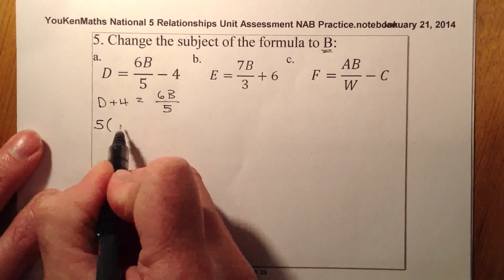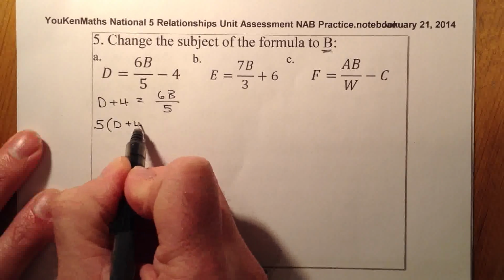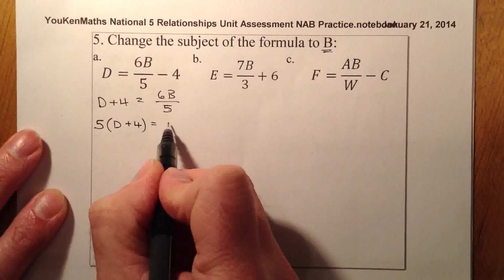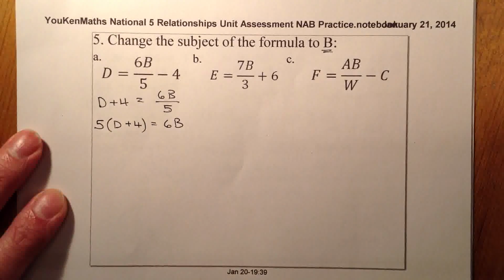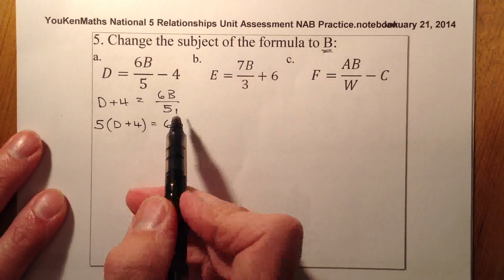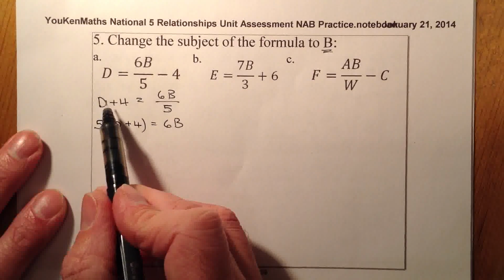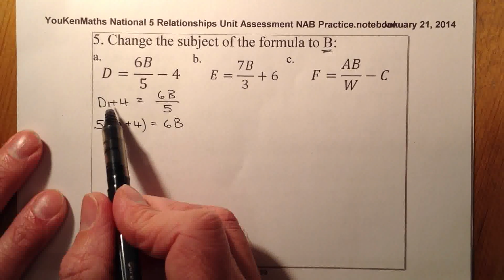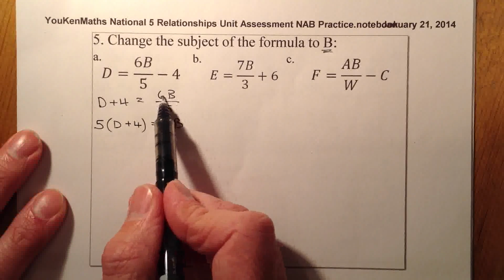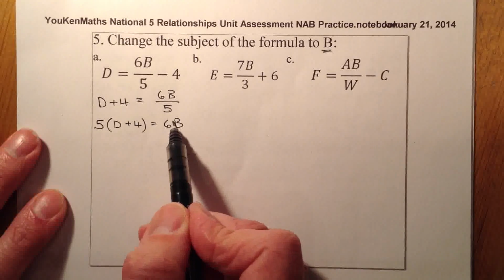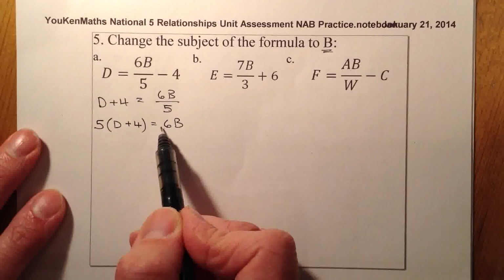So what I've got here is 5 times d plus 4, and then what I've got left on this side is the 6b. If I'm dividing on that side, if I take it over to the other side, I'll do the opposite, which is multiplying. I'm multiplying by 6 on this side, so if I take it over the equals, I'll divide by the 6.